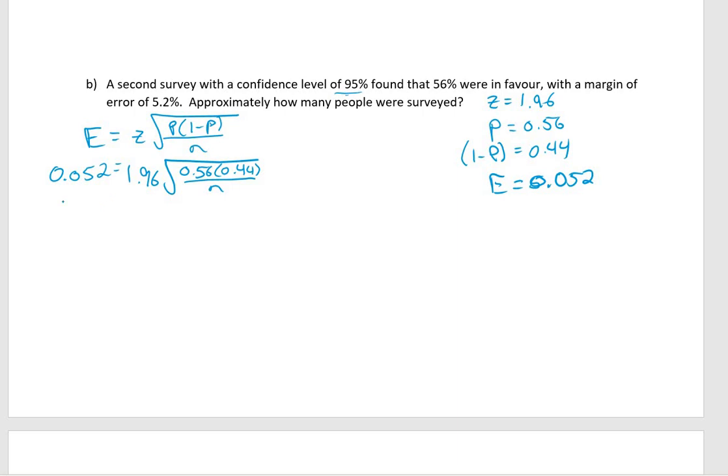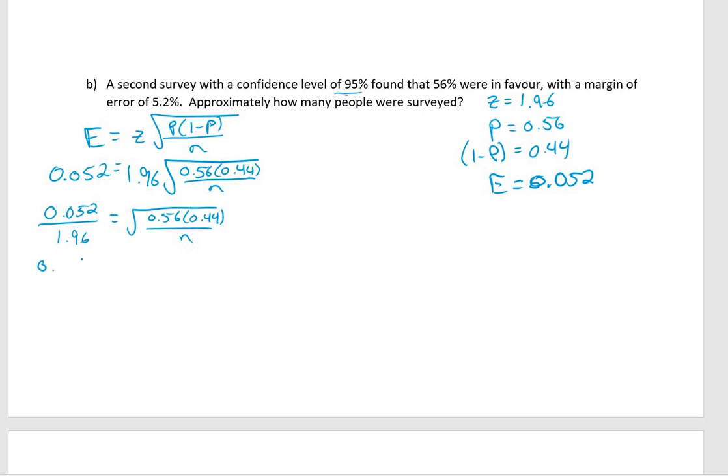So we'll divide both sides by 1.96, and we get 0.052 over 1.96 is equal to the square root of 0.56 times 0.44 over n. We'll square both sides.